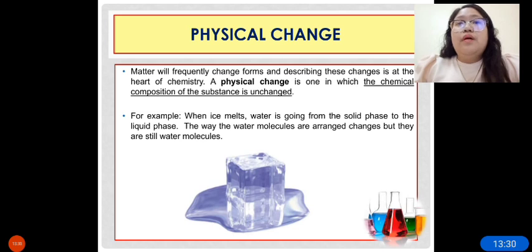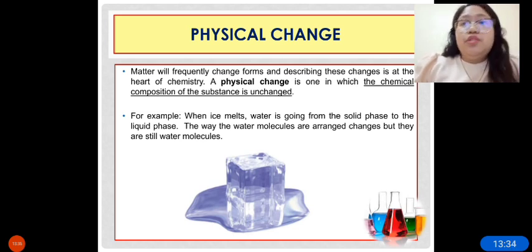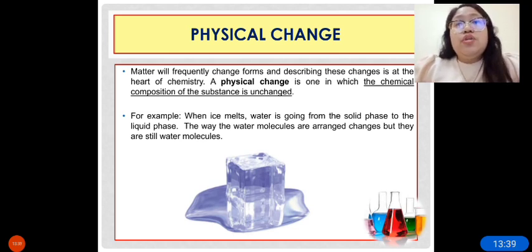So let us talk about physical change and chemical composition as stated on the slide. Physical change happens when matter changes form but stays the same substance. So, when our ice cube melts, it goes from being a solid to a liquid, but it is still water.